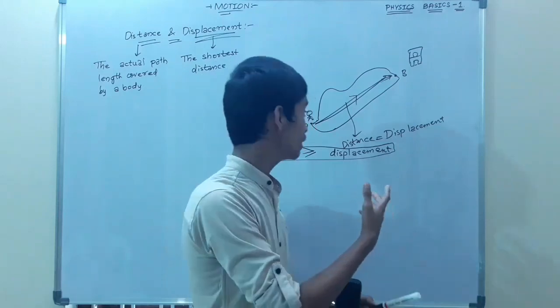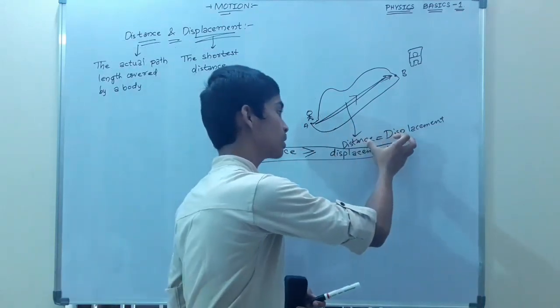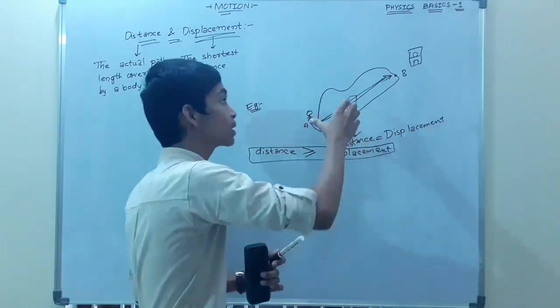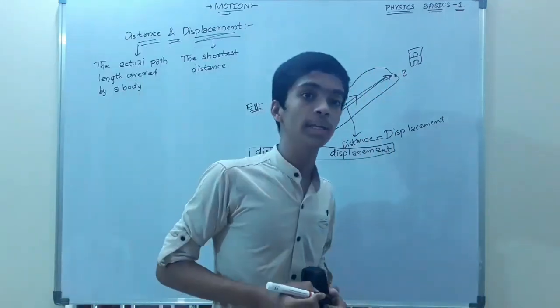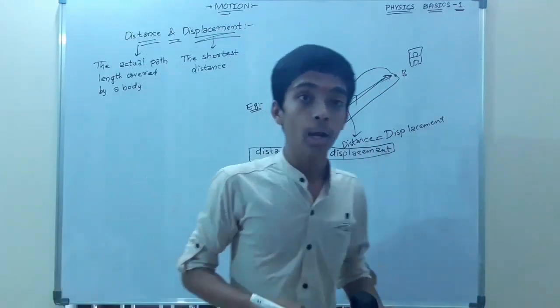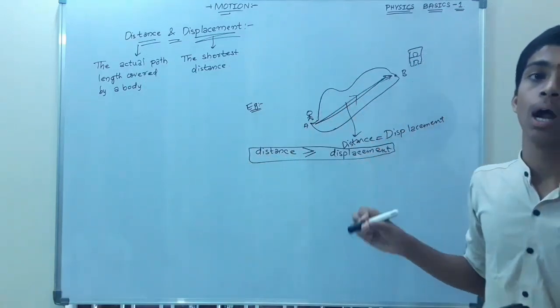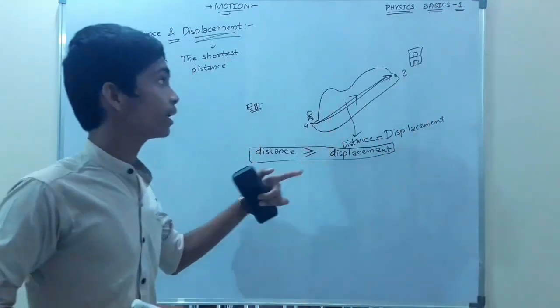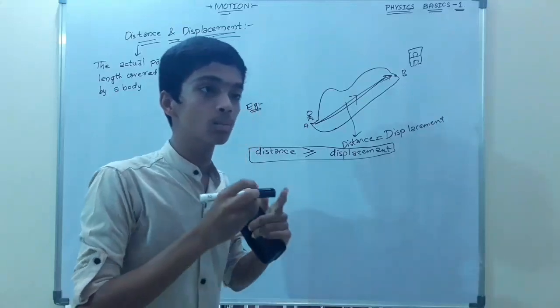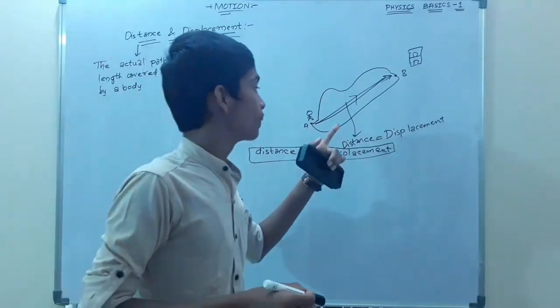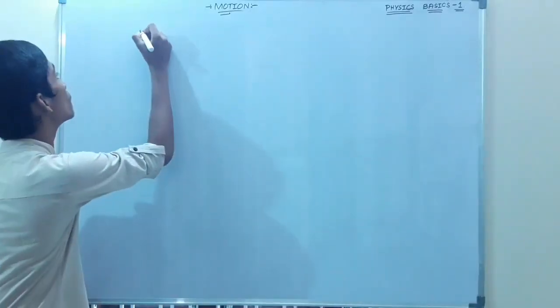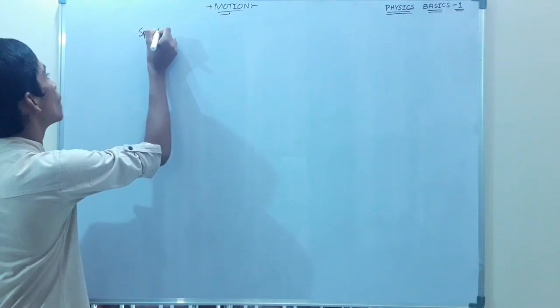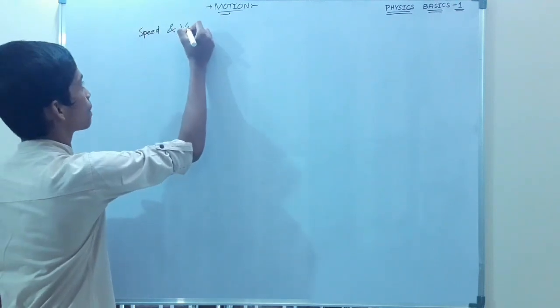And one more thing: distance and displacement are equal when a body or a particle is traveling in a straight line in the same direction without changing its direction. And let's go for another thing, that is speed and velocity.